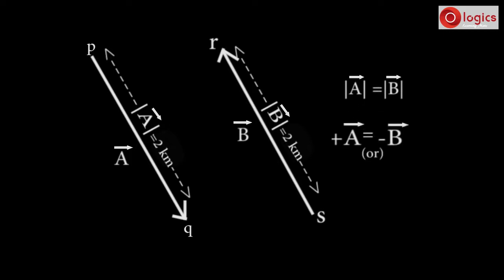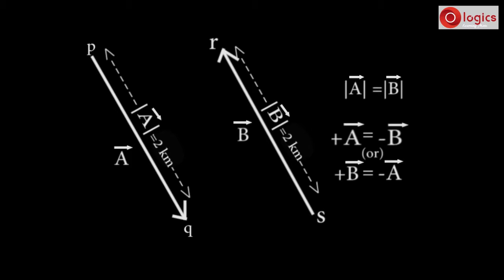Now, if this direction is positive, then it becomes positive vector. Then it becomes negative vector, which is B bar equals to minus A bar. So, we can call them negative vectors to one another.